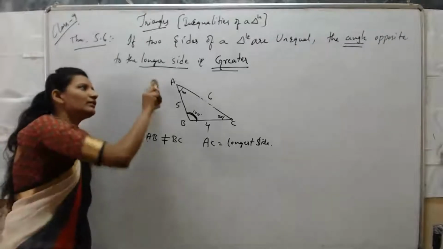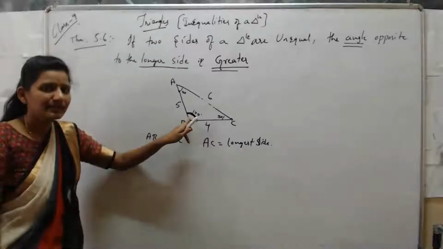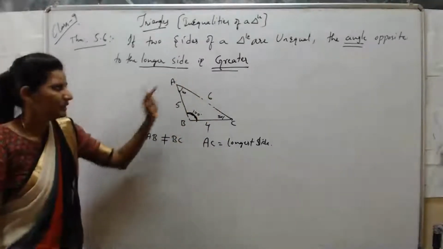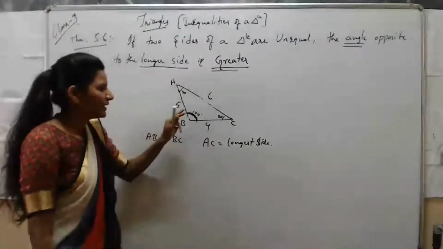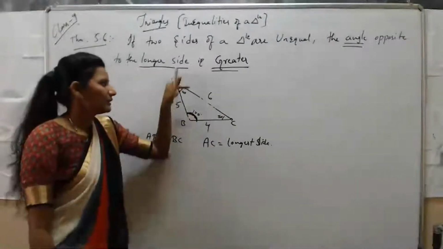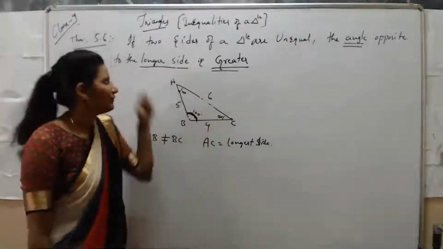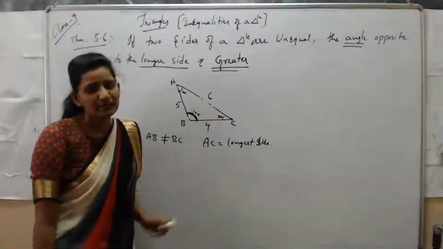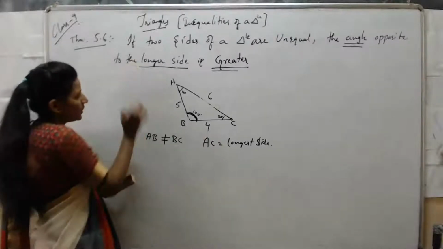5.7 is the converse of this, which means the reverse of this theorem. If B is the greater angle, then AC is the longest side. Anyone can tell this. This is the converse of 5.6. What does 5.6 say?